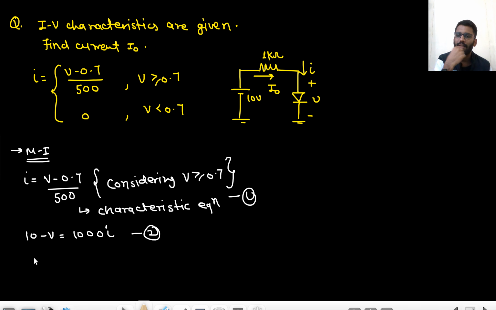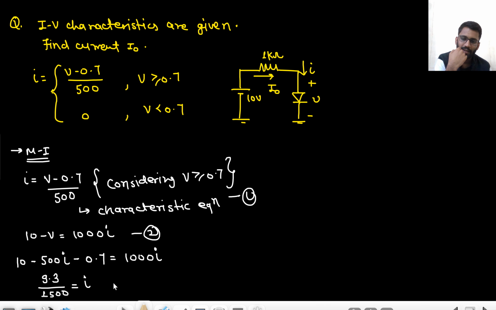So what do I need to find? I need to find the value of I only. I can replace my V with I. That would be 10 minus (500 I plus 0.7). That means 10 minus 500 I minus 0.7 is equal to 1000 I. Okay. So from here I get 9.3 by 1500. That is the value of I I am getting.